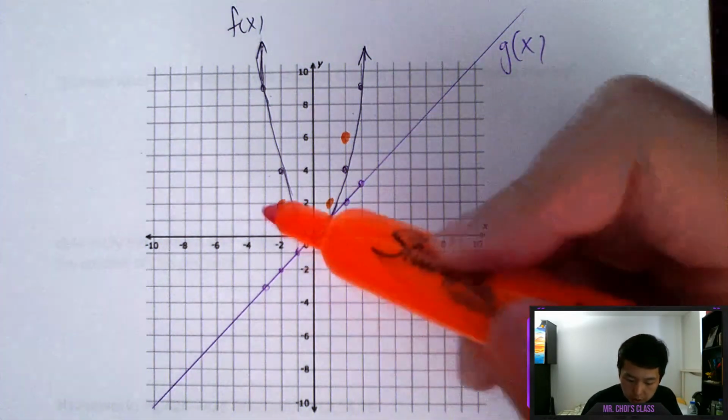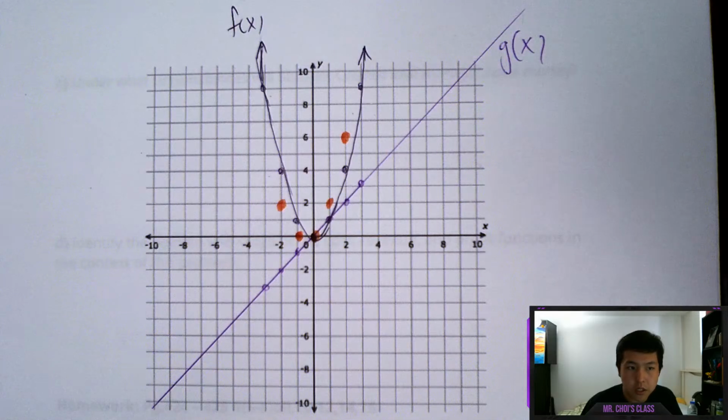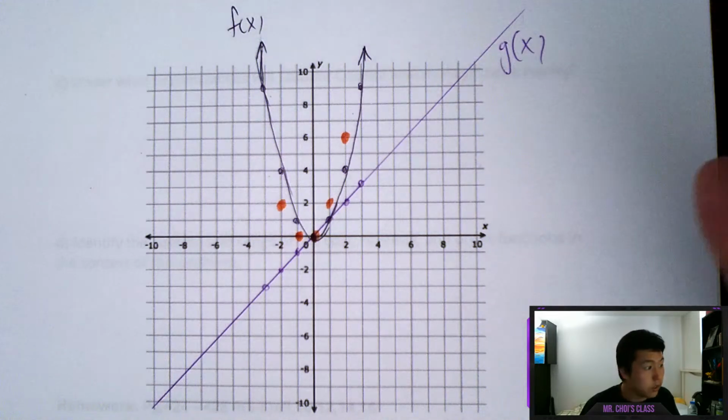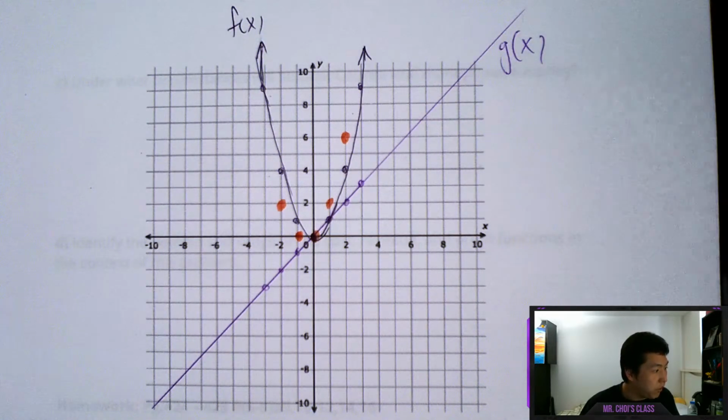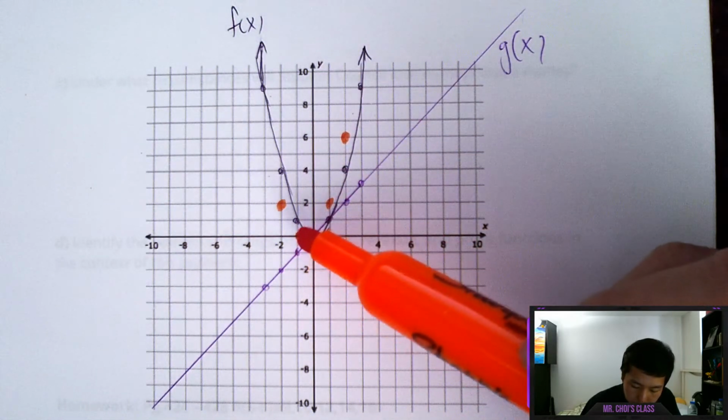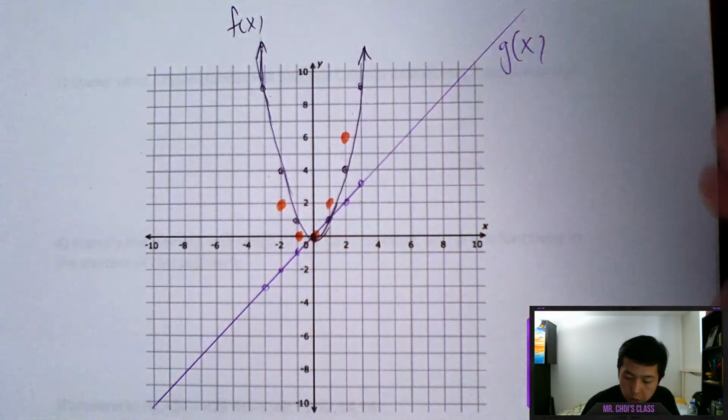So you'll see it's looking like this. Looking at the function h of x, where h of x is equal to x squared plus x, we know that the vertex of this parabola would be at -0.5.